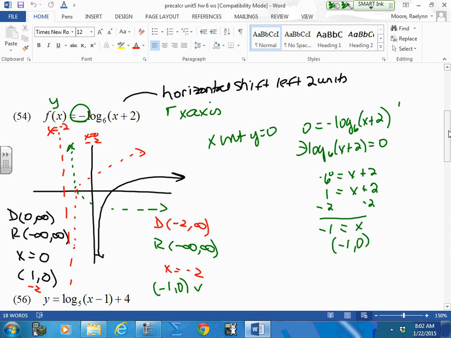I need you to know algebraically how to do this. This one, yeah, we can tell on the graph, but I need you to do it algebraically as well. Another way to find your domain, if you struggle with your domain, is to use this concept. Your domain for your logs has to be greater than 0. So another easy way to do this is this guy has an effect on your domain.